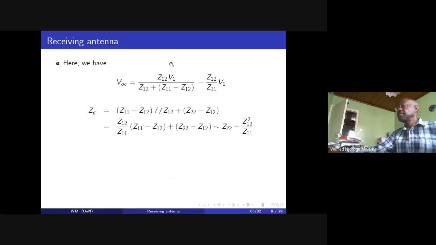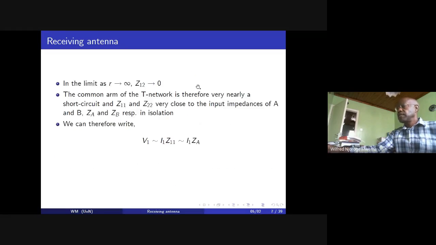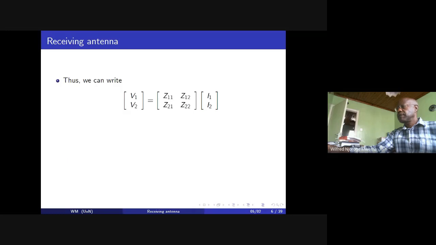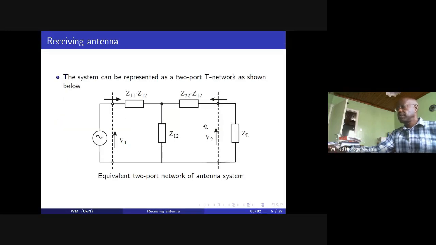This is obtained from the T network that we already have before when we are dividing. That is, we'll apply Thevenin's theorem to this network.